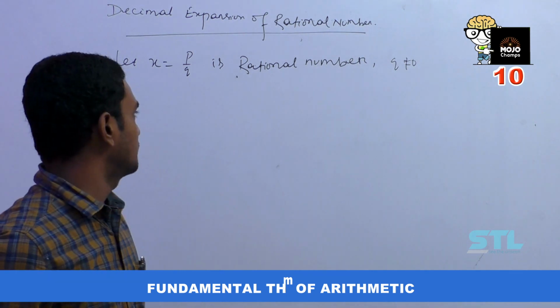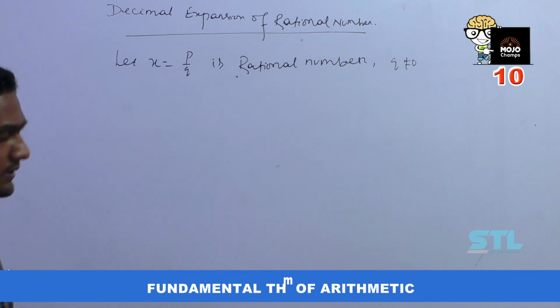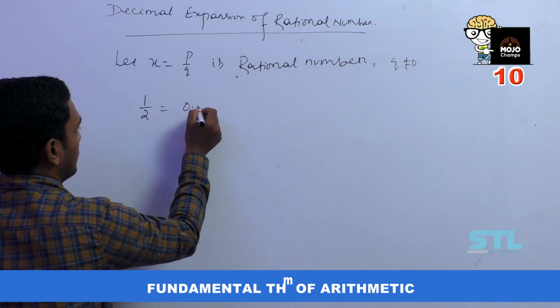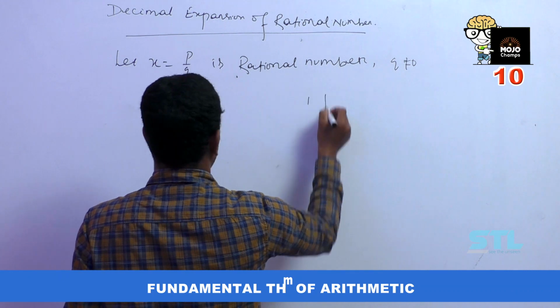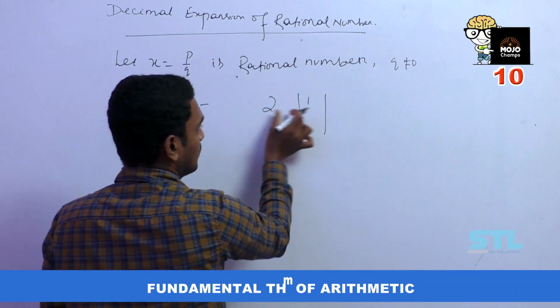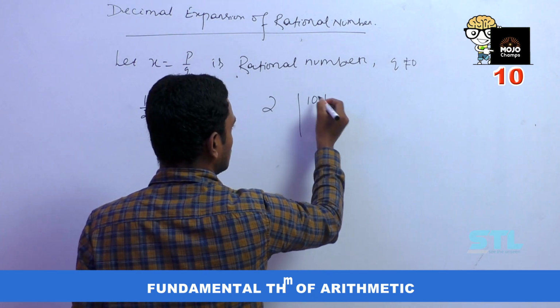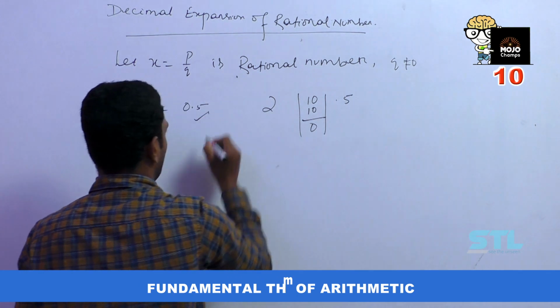When we do the decimal representation, it will be like this. Suppose I take 1 by 2, that will be 0.5. How do we do 1 divided by 2? 1 cannot be divided by 2, so I put a point, 0, and 2 fives are 10, so 0.5.